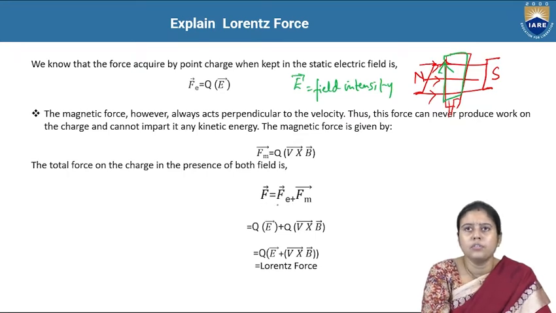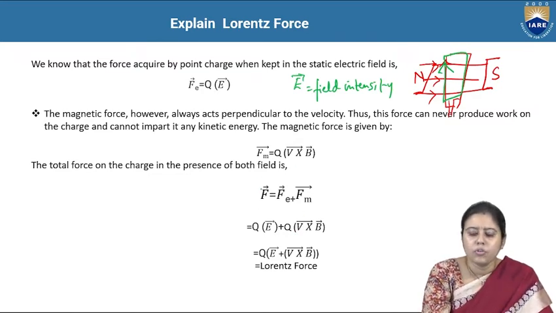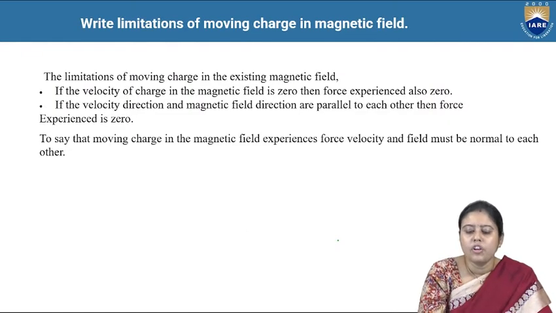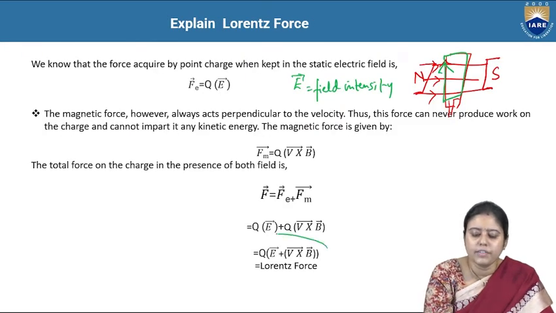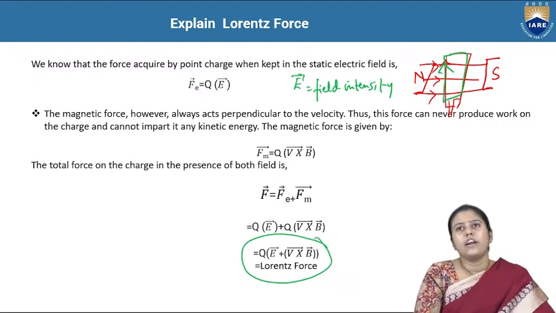Total force is equal to Fe plus Fm. Fe is equal to QE, Fm is equal to QV cross B. If we take Q common, Q into E plus V cross B, this is known as the Lorentz force.